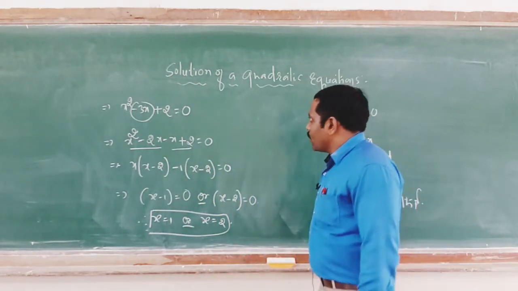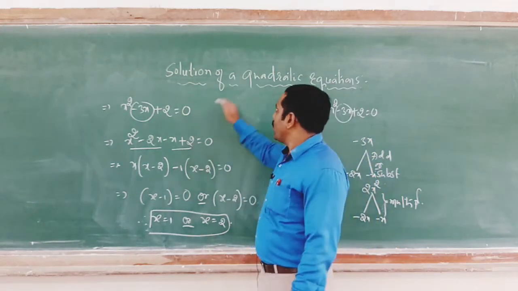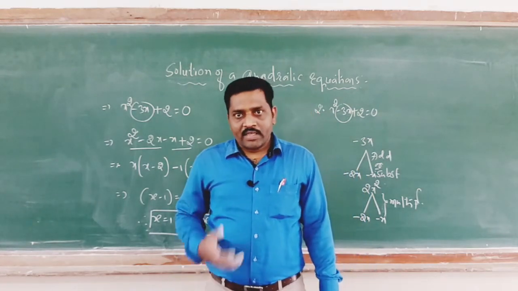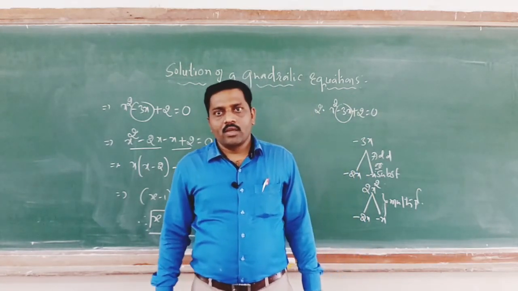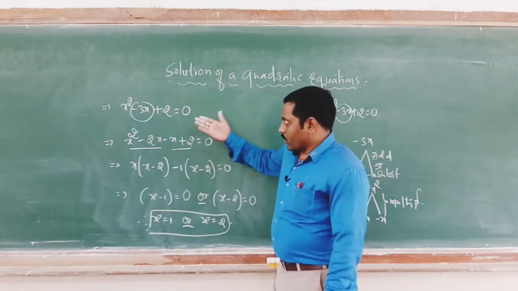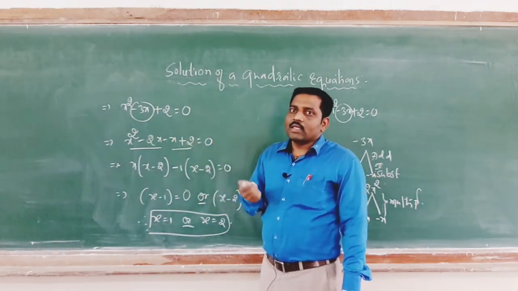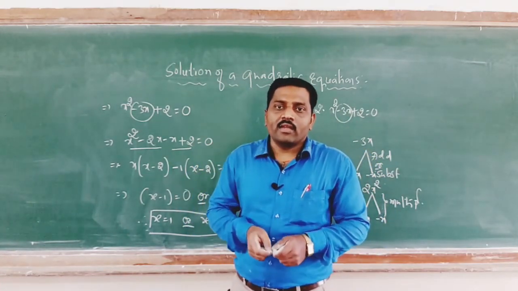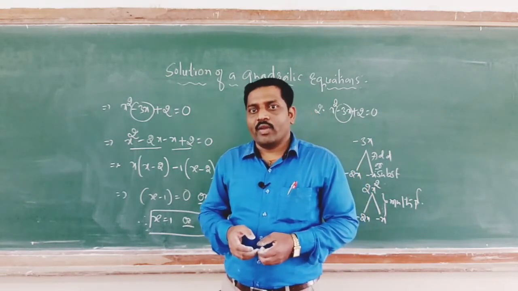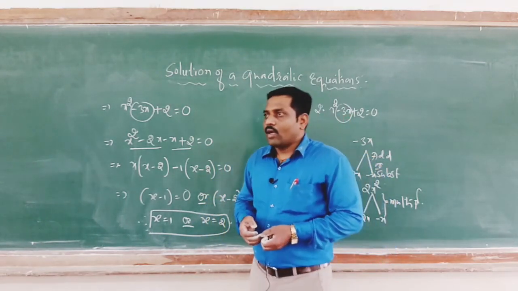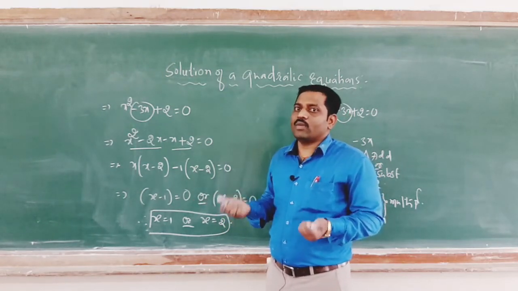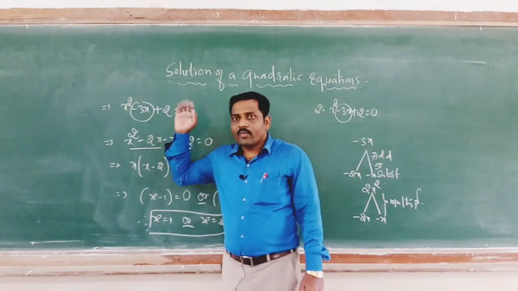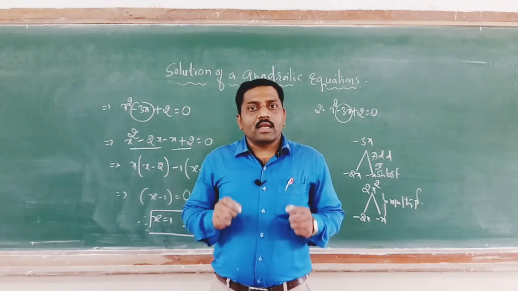So this is the procedure for finding the solution of a quadratic equation by the factorization method. First, for the given quadratic equation, split the middle term; the split terms added or subtracted give the middle term, and the same split terms multiplied give the product of the first and last terms.